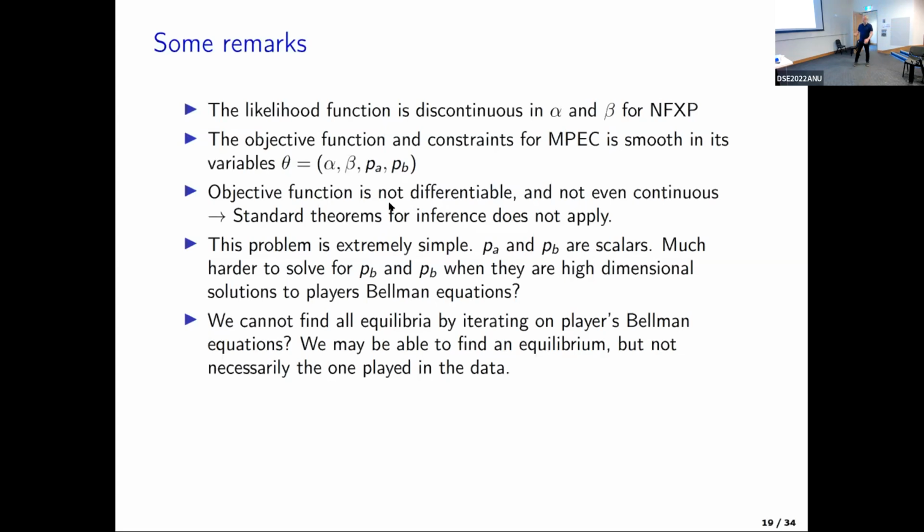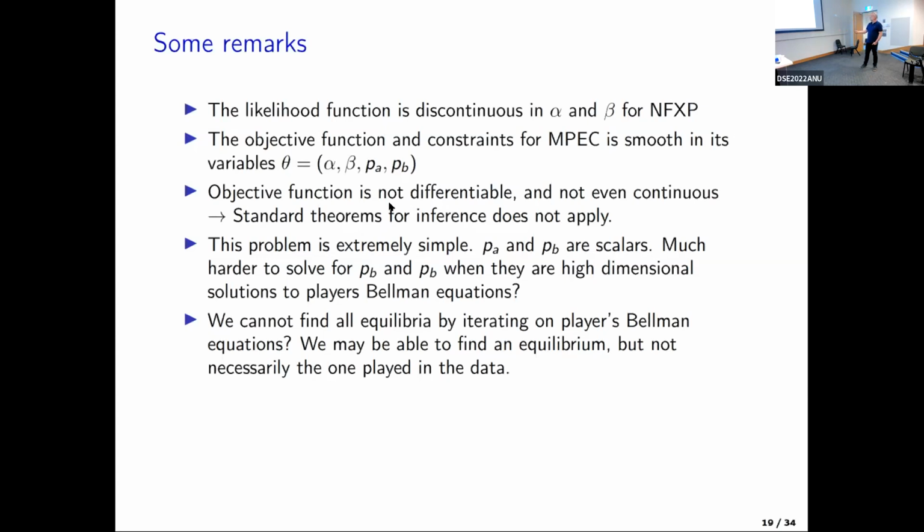Another thing to note here is this is an extremely simple problem, right? If we try to make it more simple, there'd be no model. The investment problems we have in our model are just scalars. In a dynamic model, they'll be functions of the state variables, and there'll be one for each of the players, and these could potentially be high dimensional objects.